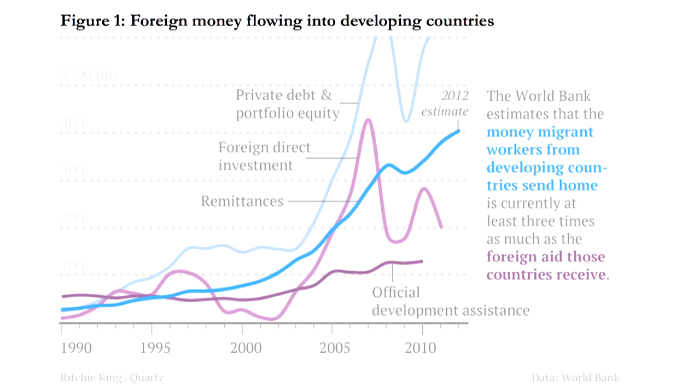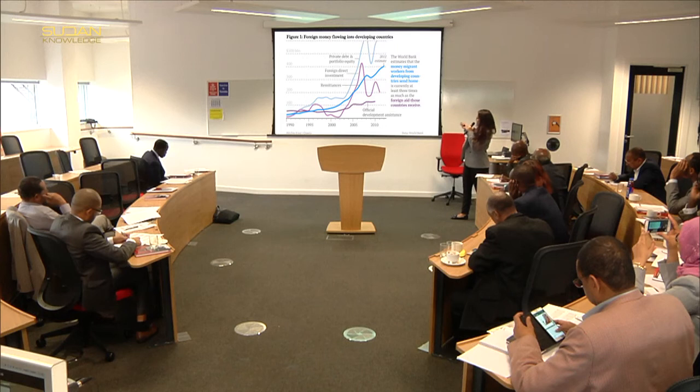At the moment, remittances are over 400 billion, whereas foreign aid is around 150 billion. So we're talking about 3 times as much in remittances. They're very large, okay? They're also growing. As you can see in the graph, it's constantly rising. They're also a very stable source of capital flows.